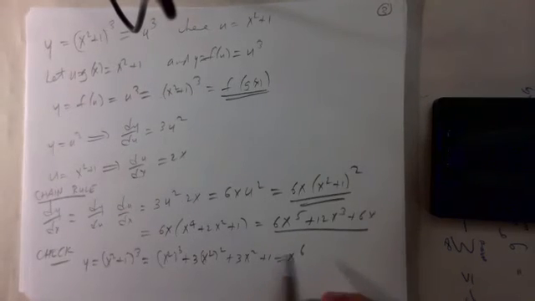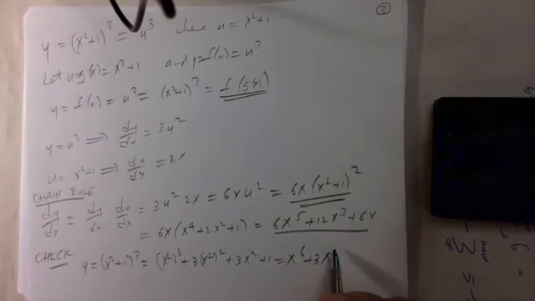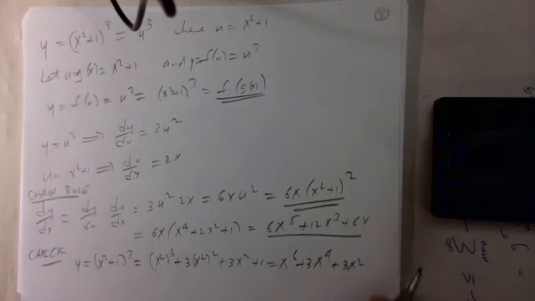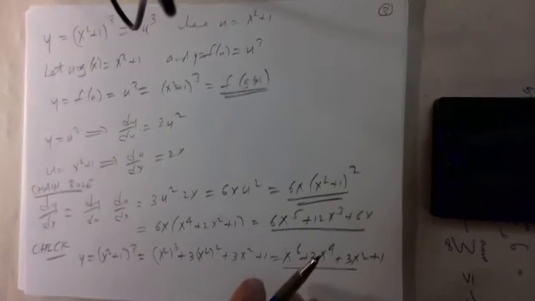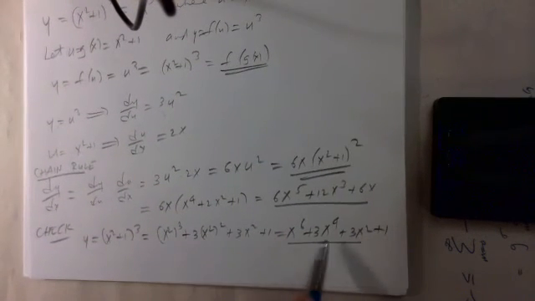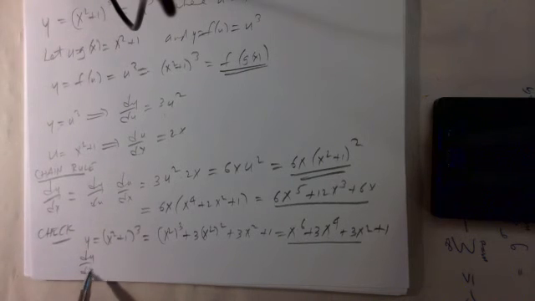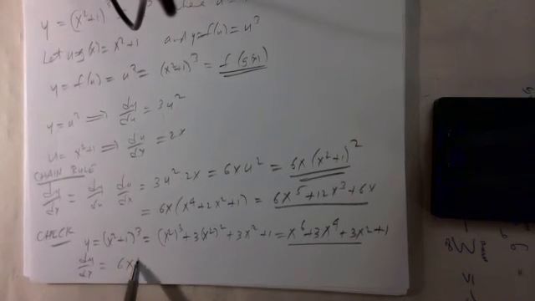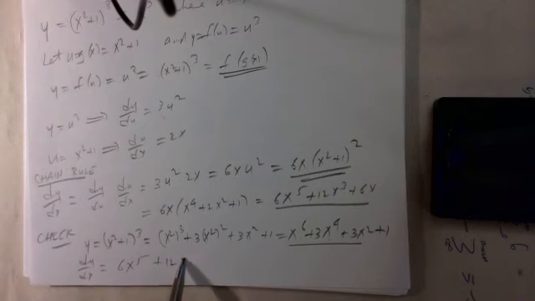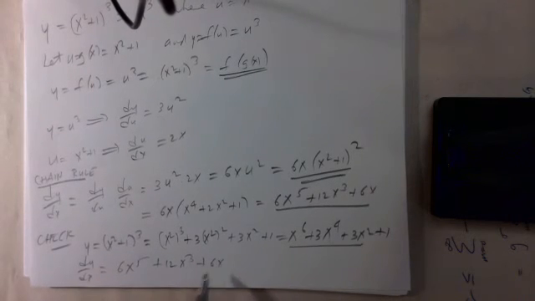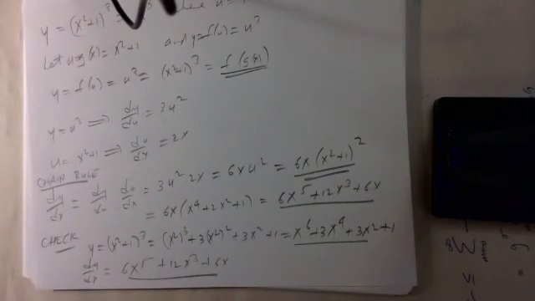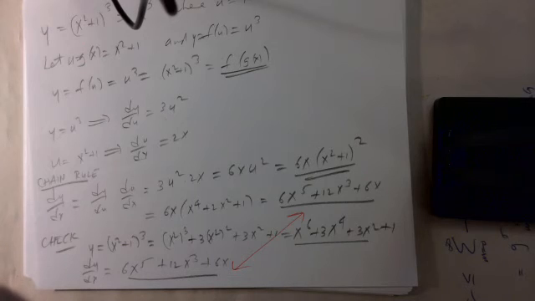That's x to the 6th plus 3x to the fourth plus 3x squared plus 1. So if we differentiate this directly, dy/dx is 6x to the fifth plus 12x cubed plus 6x. And you see, they're exactly the same. It checks. So we can have some confidence in the chain rule.